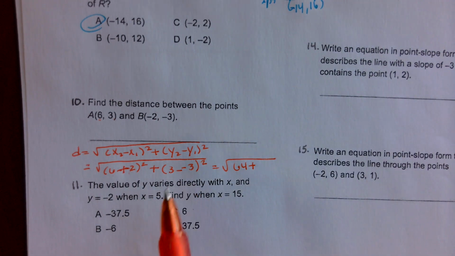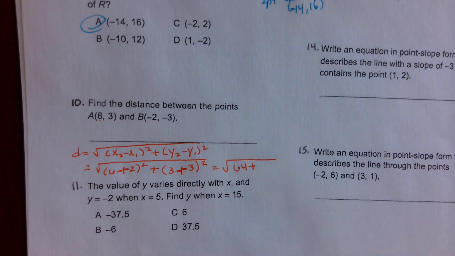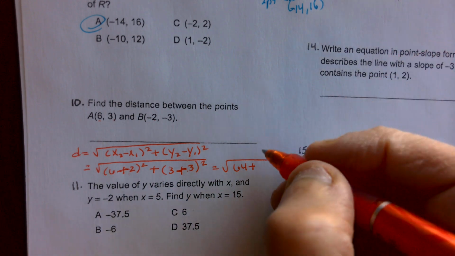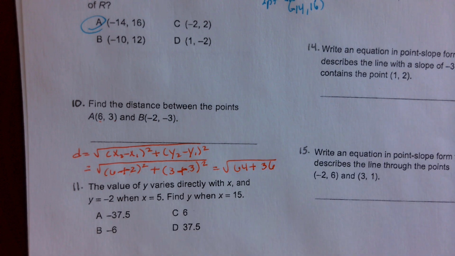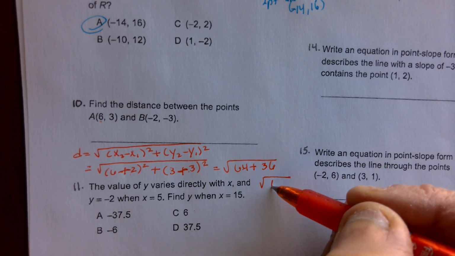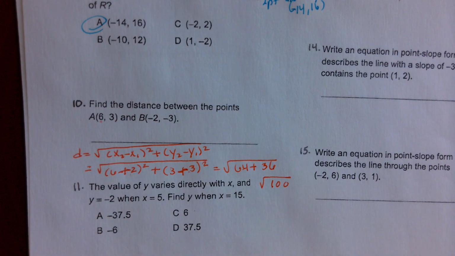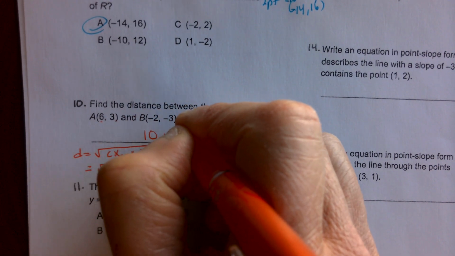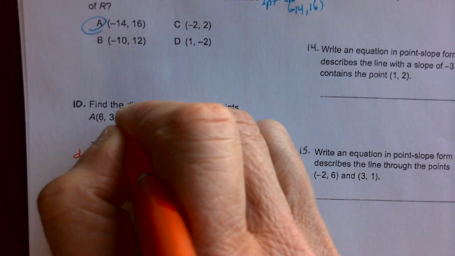Plus, here we go again. We can change that to a positive. 3 plus 3 is 6. Squared is 36. Now we add them. When we add them, we get square root of 100. It's always in the square root. Now in this case, square root of 100 is lovely because it's 10. My answer is 10 units. I don't know what the distance is.